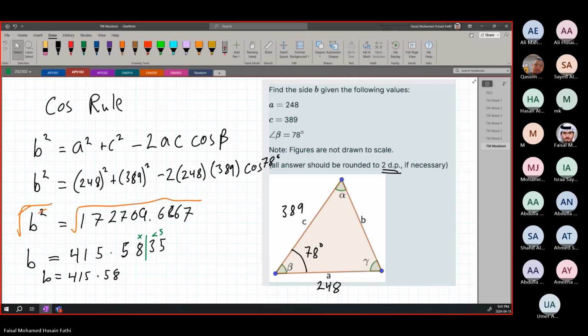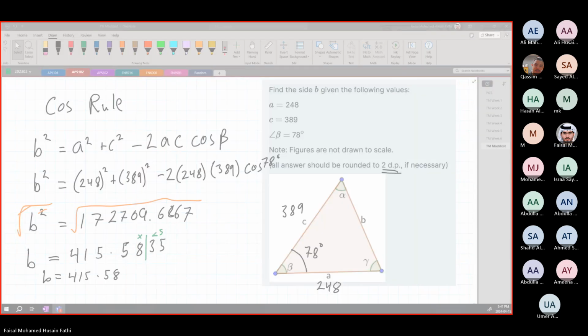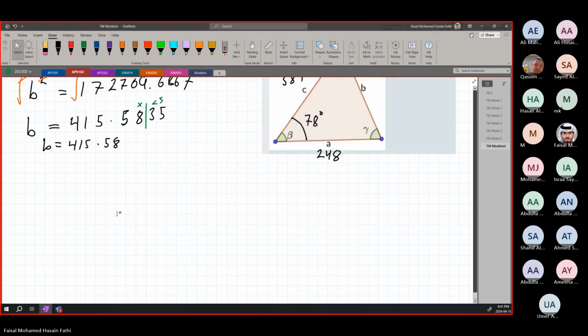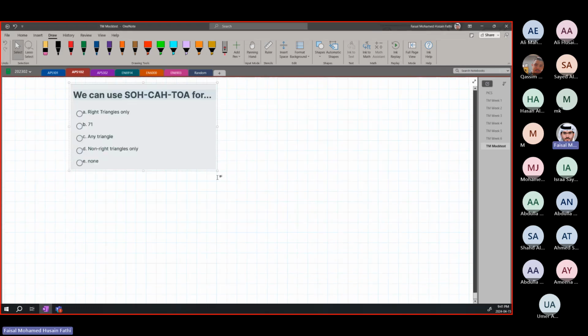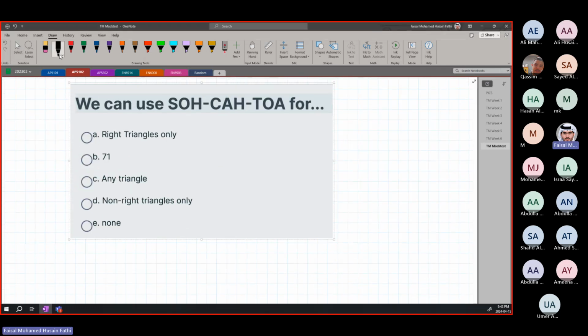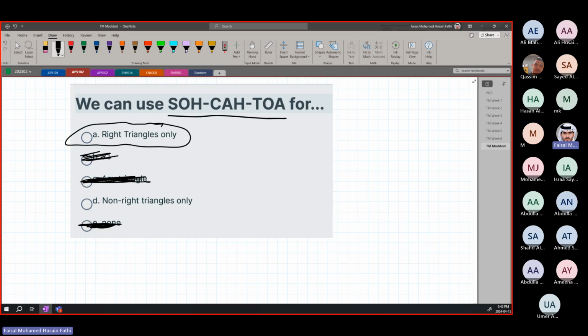All right. Next question says, we can use SOHCAHTOA for, all right, not 71, not none. So it's not any triangle. We cannot use it for any triangle. When do we use it? Only when we have right triangles. That is the only time you can use SOHCAHTOA.